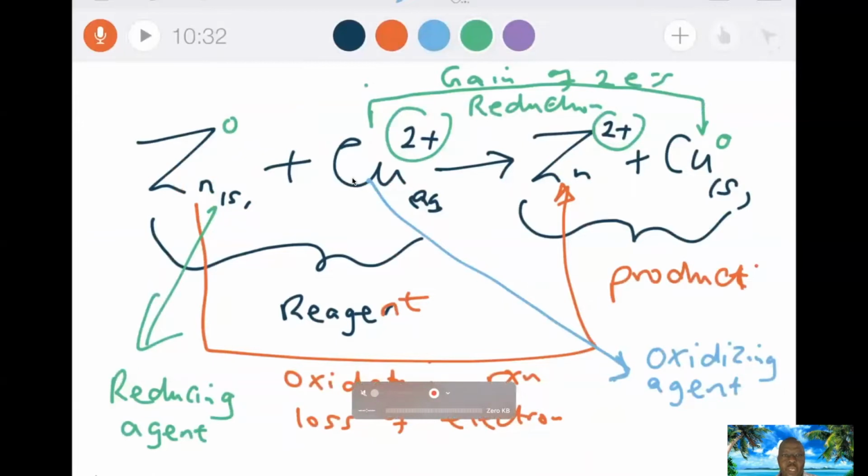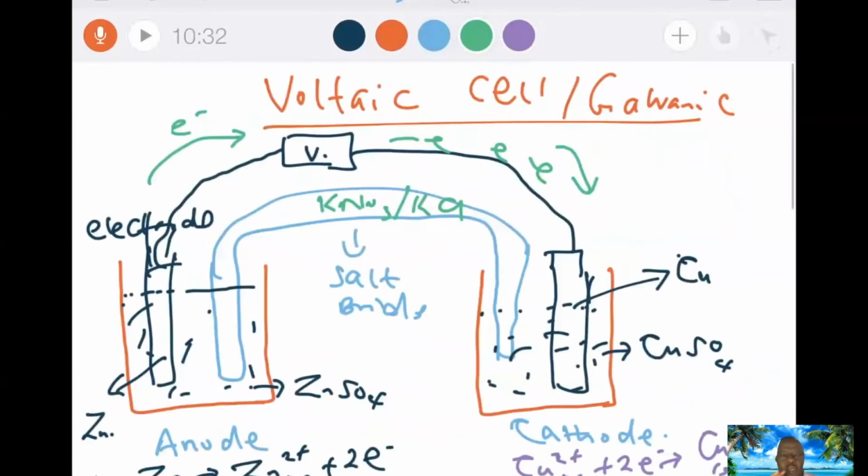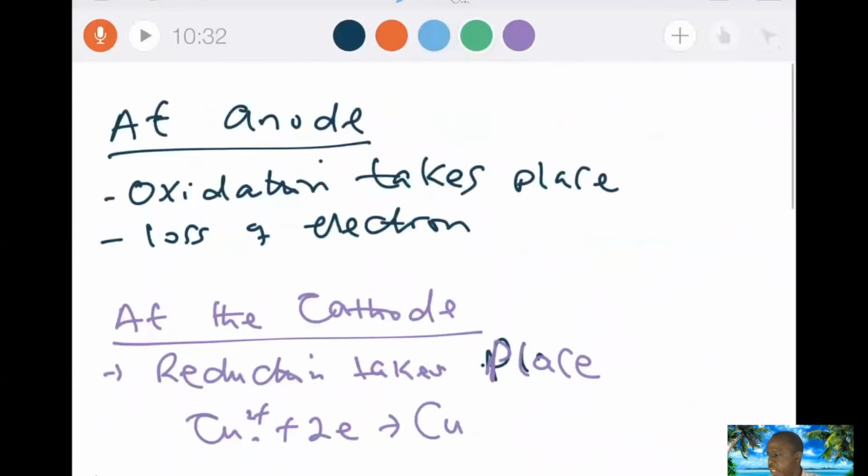Suppose even it is just a molecular equation, how will you know which one is the reducing agent, which one is the oxidizing agent? I'm going to show you in a moment, but first, not for the lab, but if you're taking the course right now, please learn how to reproduce or draw the diagram of a voltaic cell.